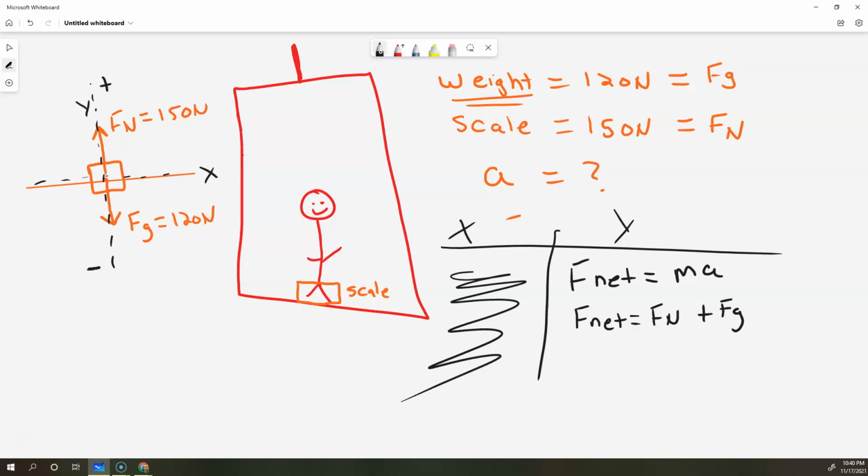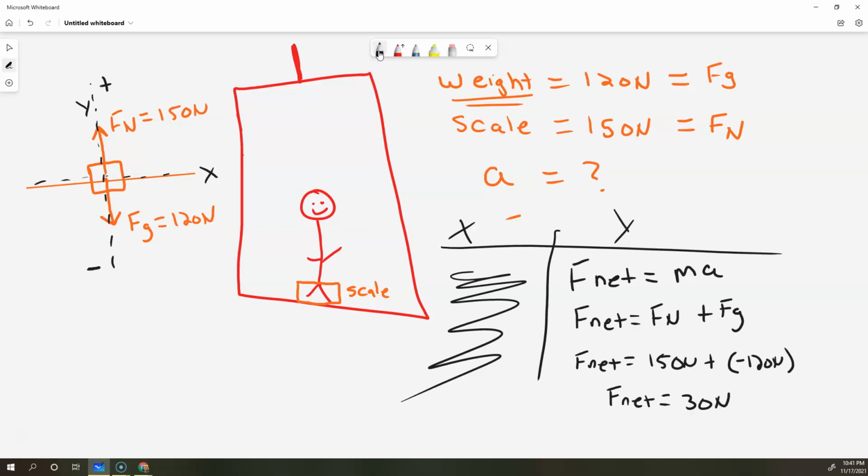And now of these two equations, I'm just going to try to solve stuff. F net equals Fn plus Fg. So F net equals 150 newtons plus negative 120 newtons. And F net is now 30 newtons.